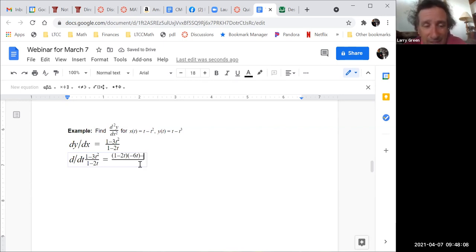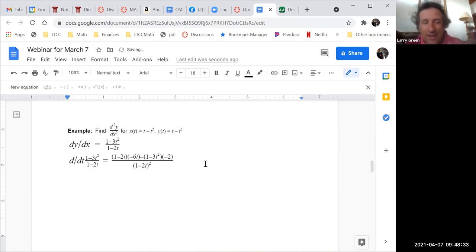High is 1 minus 3t squared, times then d low. The derivative of 1 minus 2t is negative 2. And then we're supposed to square the bottom. So (1 minus 2t) quantity squared. And away you go, or off you go. Are we done?